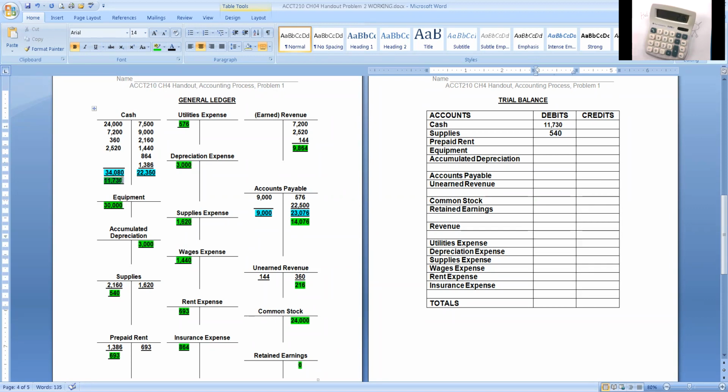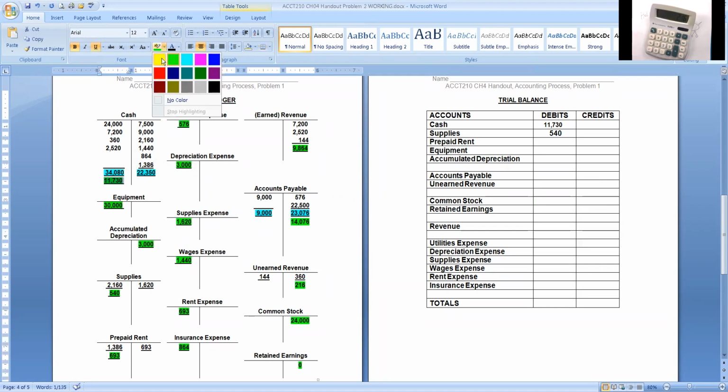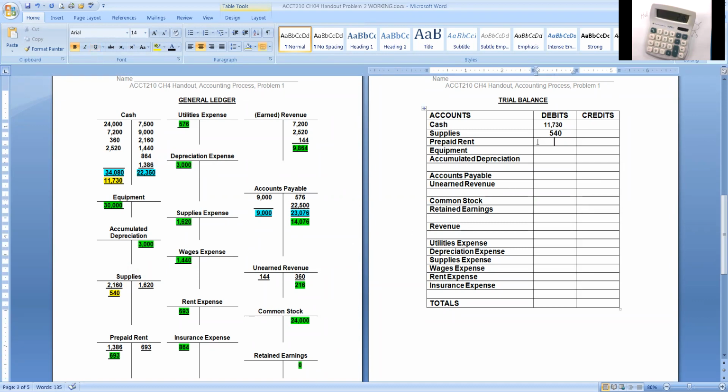As I go through here, I can change these from green to yellow as I put them in. Okay. Prepaid rent. Equipment. Accumulated depreciation, now be careful. This one is a credit.